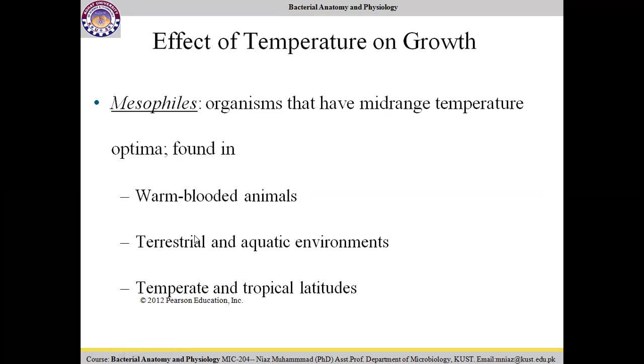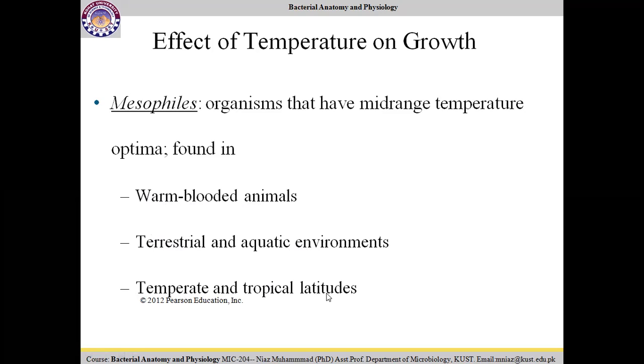Mesophiles are also normal flora of warm-blooded animals, as well as of terrestrial and aquatic environments, in temperate and tropical latitudes.